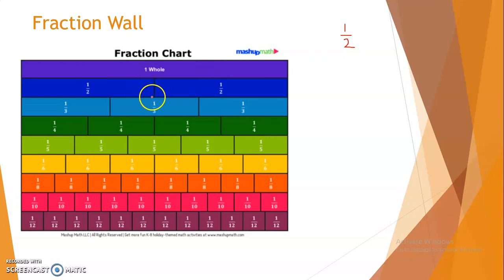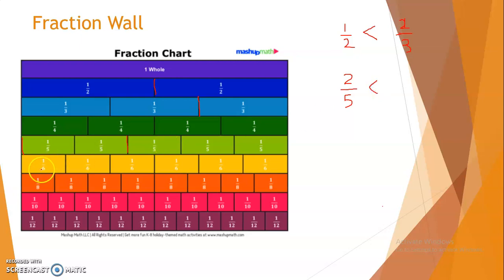Look at 1/2. You can see 1/2 is smaller than or lesser than 2/3. You can see 1/2 is lesser than 2/3. The 2/3 and 1/2 is still here. Similarly, you can find 2/5 lesser than.